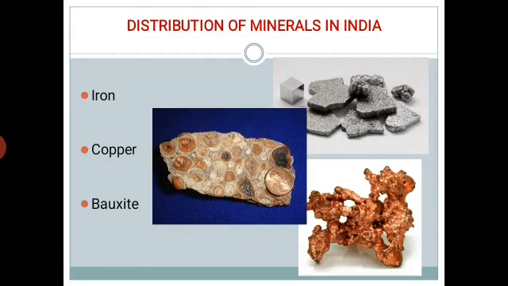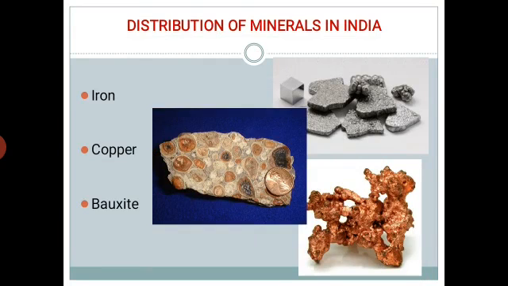Students, iron is the backbone of modern civilization. It is used for manufacturing machines, automobiles, rail tracks, electric poles, constructing buildings, bridges, shipbuilding, weapons, agricultural implements, and articles of general use. Hematite and magnetite are the major types of iron ore.